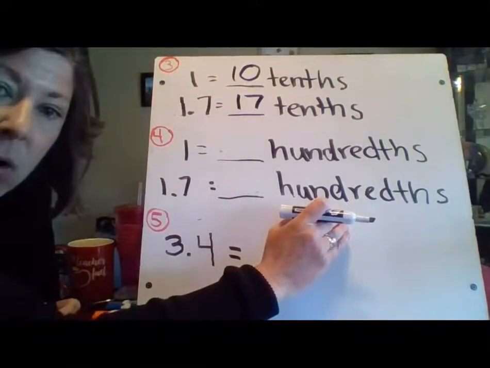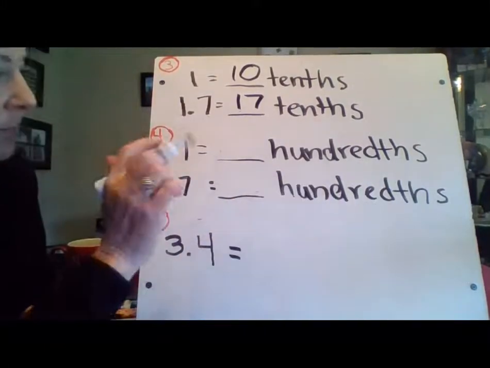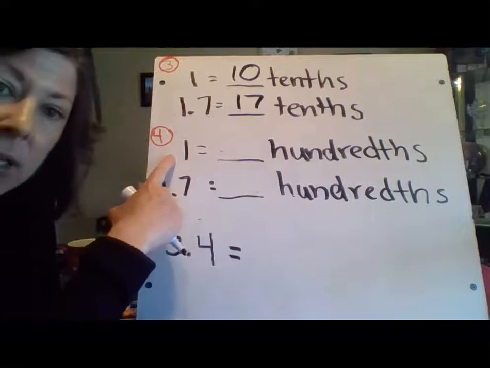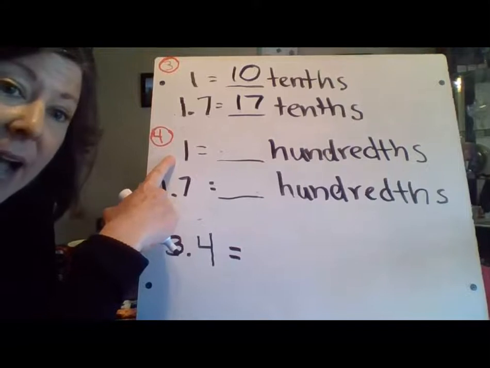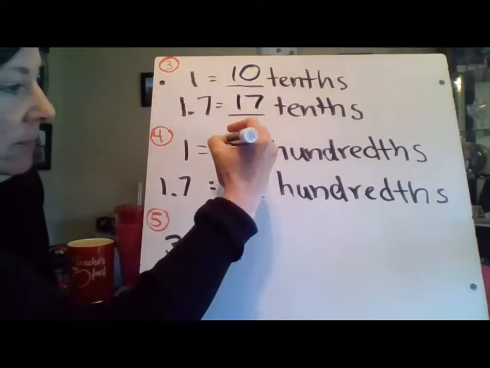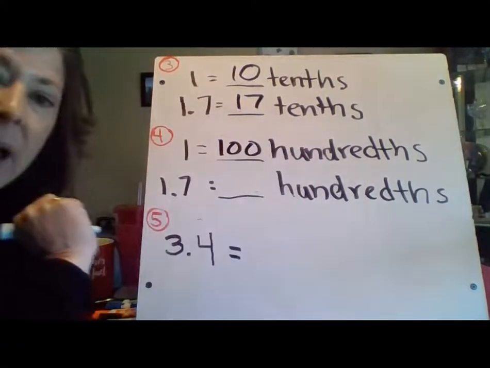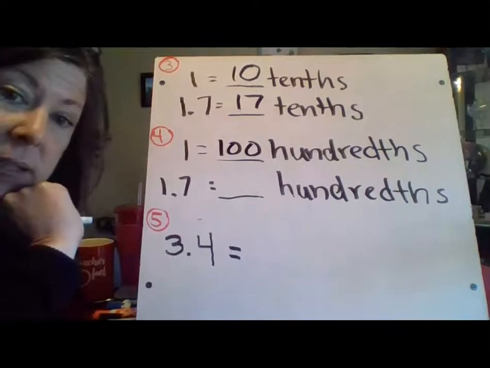Number 4, we're relating wholes to hundredths. Well, I know that 1 whole is equal to how many hundredths? It means I have them all. I have 100 hundredths.